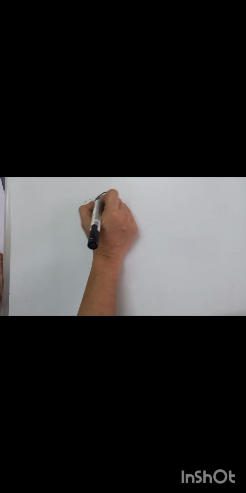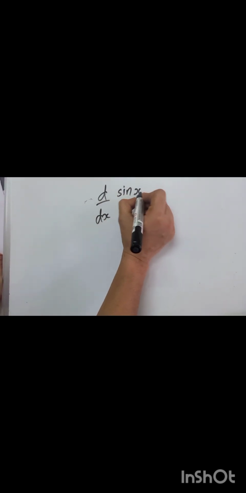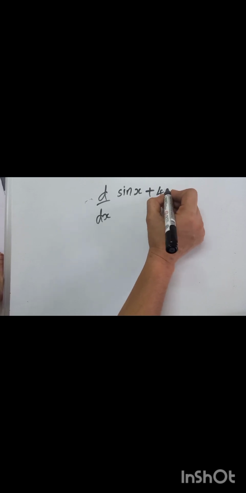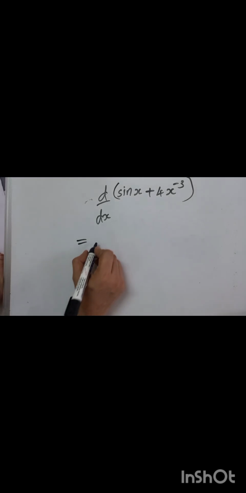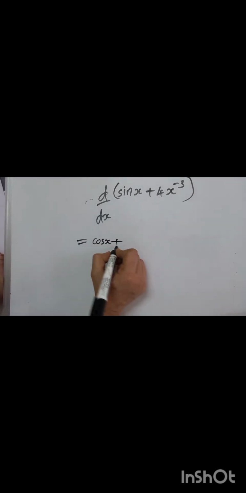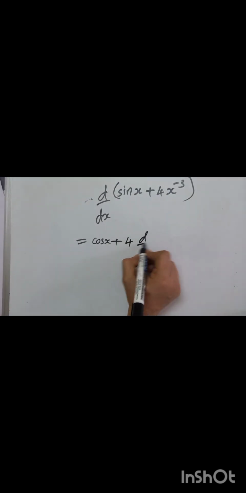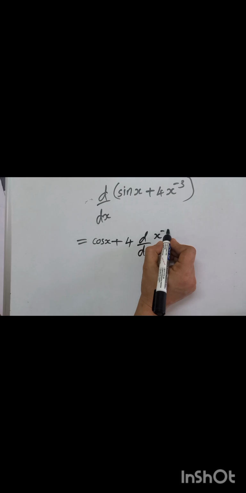Now a few more problems. Derivative of sin x plus 4x to the power minus 3. Here first the derivative of sin x is cos x, and then the derivative of 4x to the power minus 3. Here 4 is a constant, you can take it outside, then find the derivative of x to the power minus 3. Here cos x is already simplified, no further simplification, plus 4 constant.